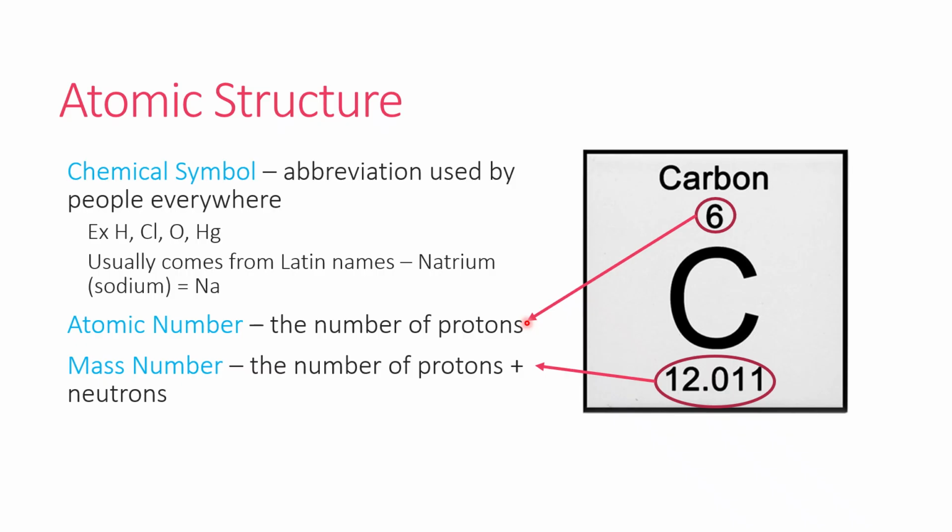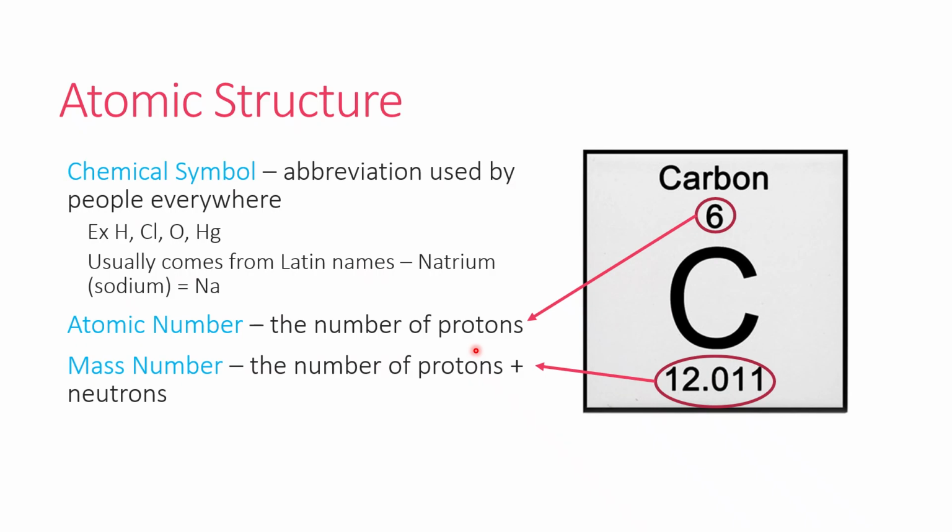So if we have 6 protons, that means we have 6 electrons. But now if I ask you on an exam, what is the information we can get from the atomic number? What I want you to write down is the number of protons. Can we figure out the number of electrons? Yes, we can, but the atomic number is telling us the number of protons in the atom.